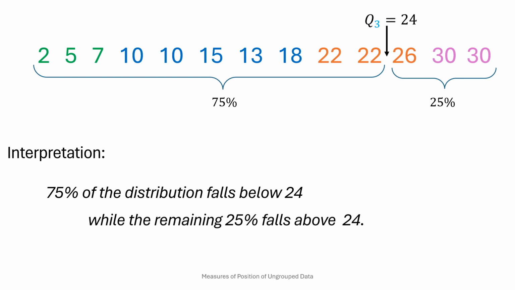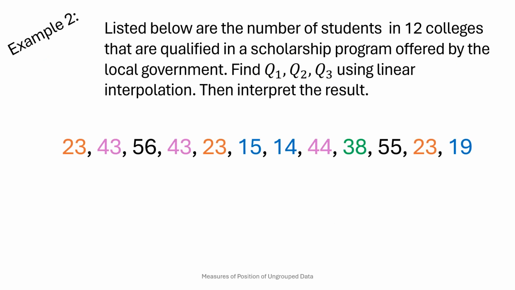Next example. Example number 2. Listed below are the numbers of students in 12 colleges that are qualified in a scholarship program offered by the local government. Find Q1, Q2, Q3 using linear interpolation.